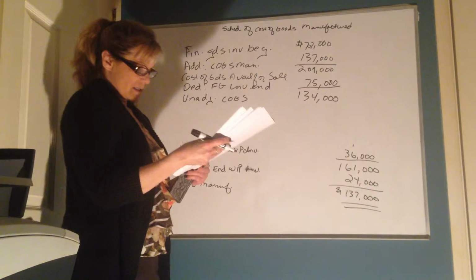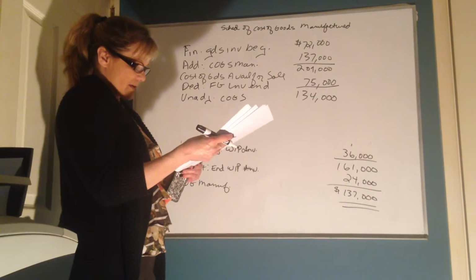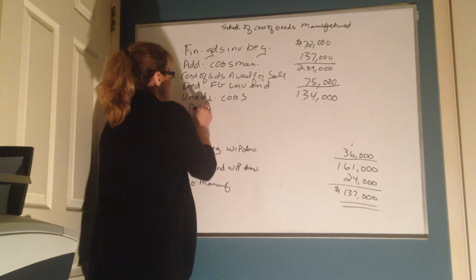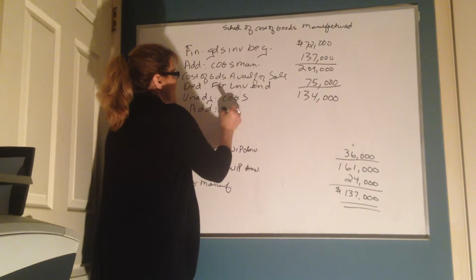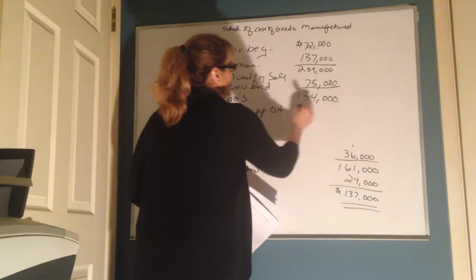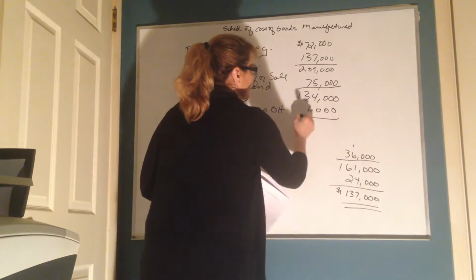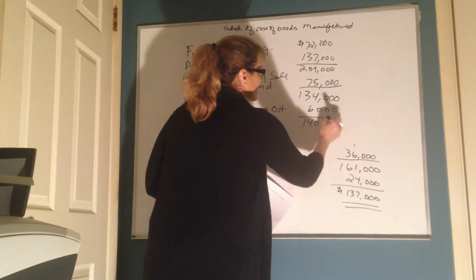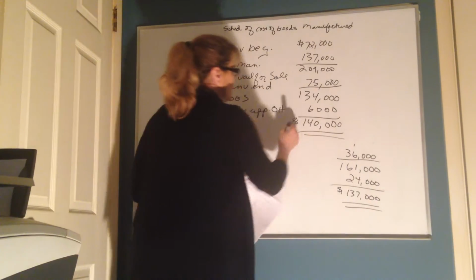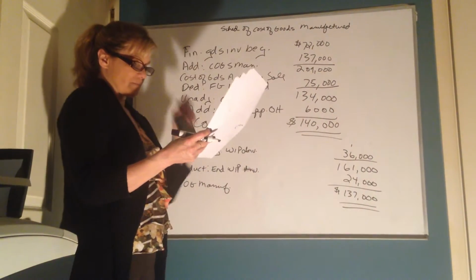They tell us that 6,000 is under applied overhead, so we have to add that. So we need to add the under applied overhead, and that will give us cost of goods sold of 140,000.